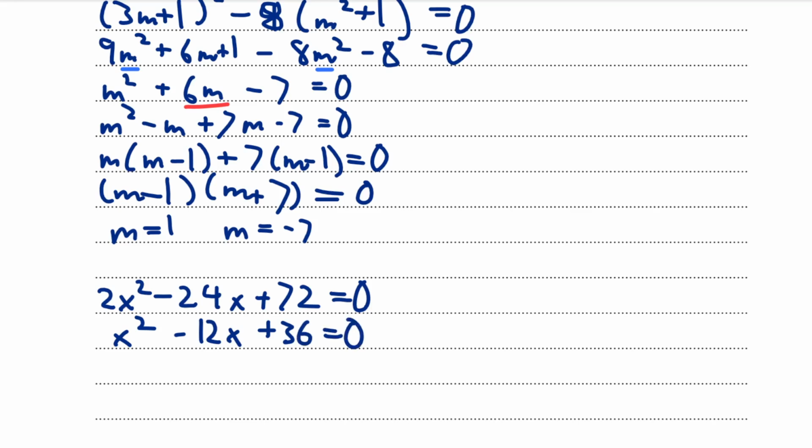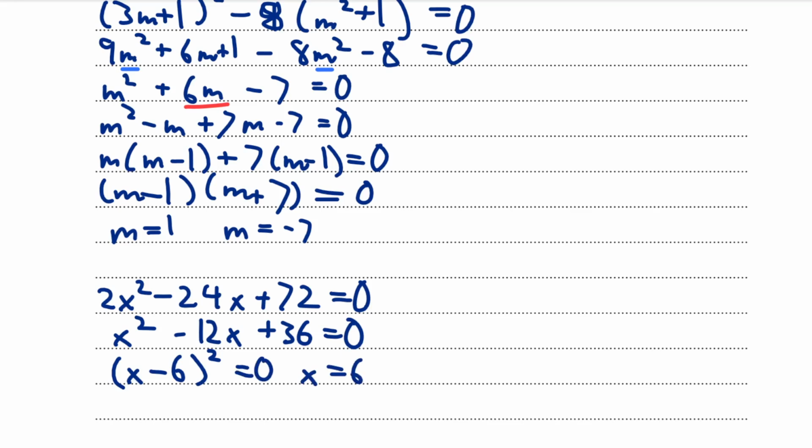And since we set the discriminant to 0, we know that there's only one solution for this quadratic. And we can factorize this directly into (x minus 6) squared, because the square root of 36 is 6. And this is a negative, so we have x minus 6 equals 0, and we get x equals 6.